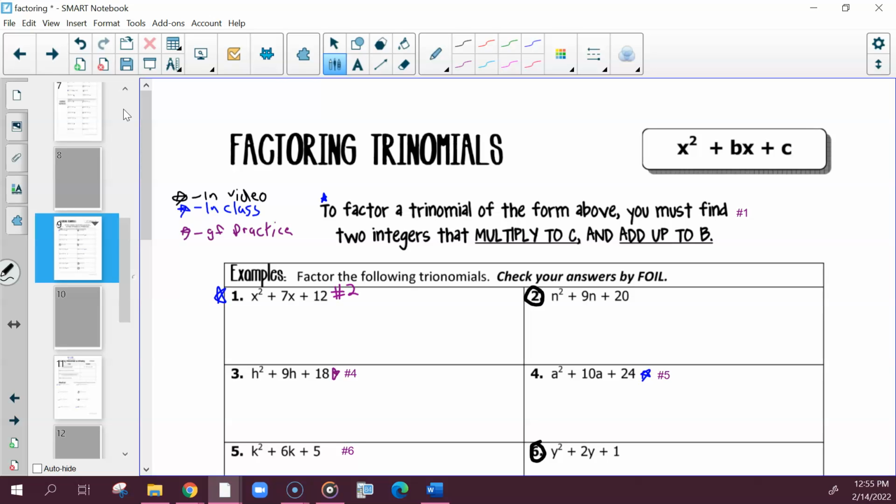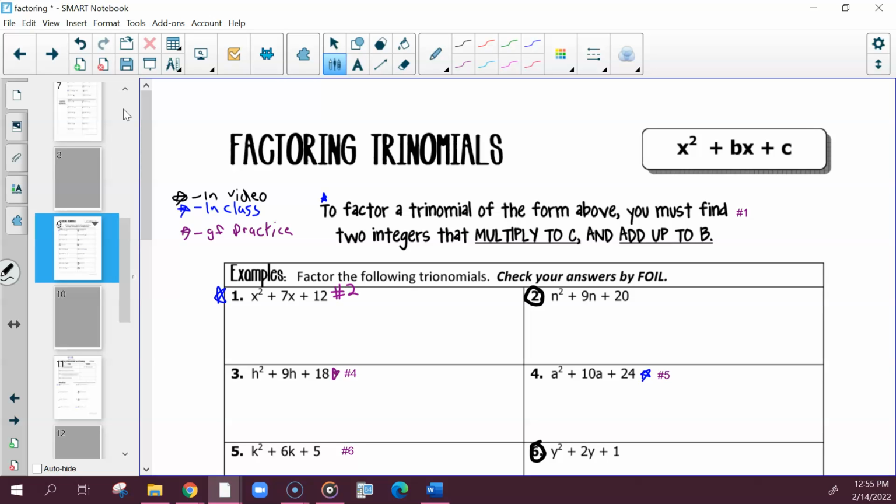So before, with GCF, we were factoring, and it had like 2 terms. Those were binomials. Difference of squares has 2 terms. It's a binomial. GCF could have 3, but that was a rare instance. Grouping had 4 terms.